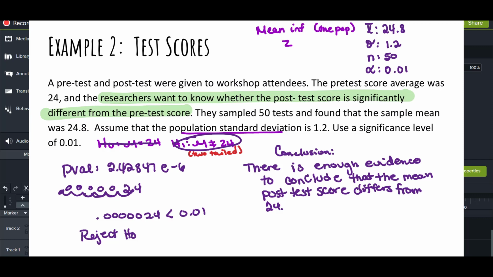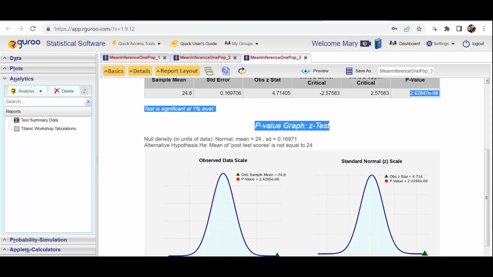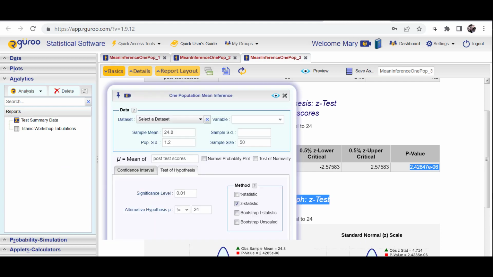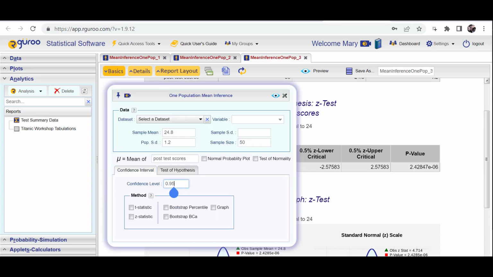And that's our conclusion. I did want to show you something really quick. Let's go back to basics and click on the confidence interval tab. We did 0.01, so let's do 0.99 and choose Z statistic.